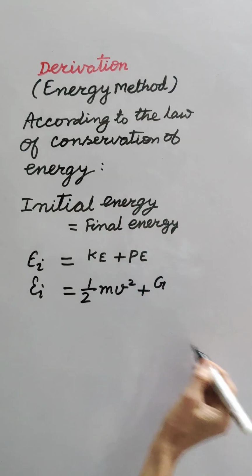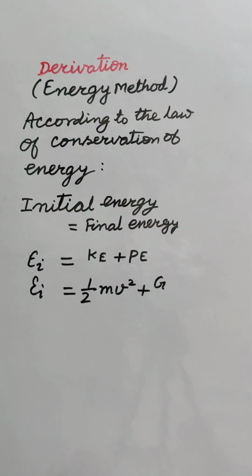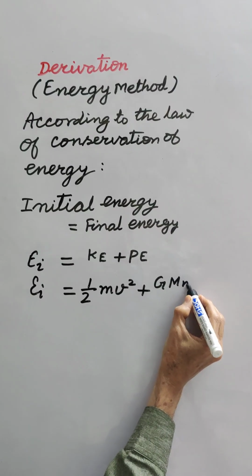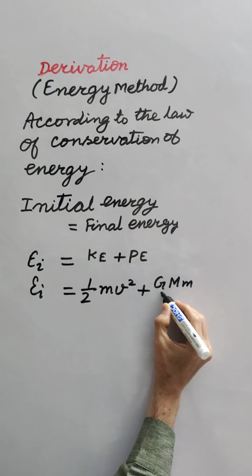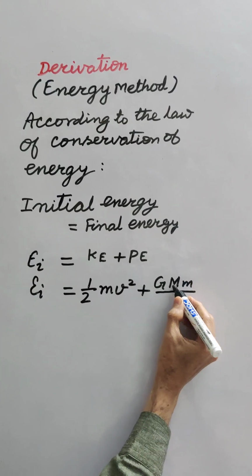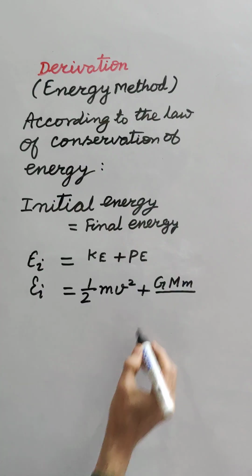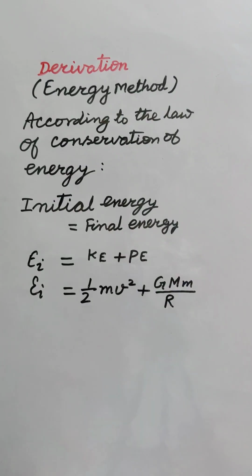G is the universal gravitational constant, small m is the mass of the object, whereas capital M is the mass of Earth or planet. R is the radius of the Earth or planet, or the distance from the center of the Earth to the object.